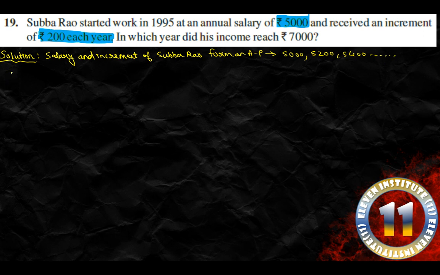So what we can write over here is first term is equal to 5,000, d is equal to 200, and we know the last term.